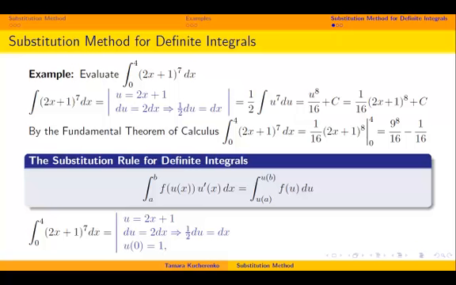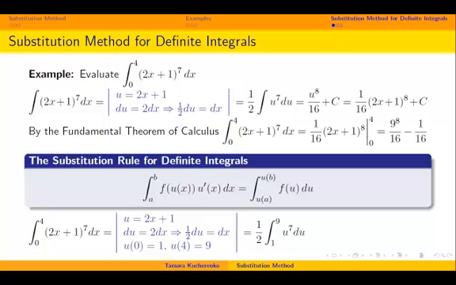Similarly, the upper limit is 4. We plug in 4 for x into 2x plus 1 and obtain u of 4 equals 2 times 4 plus 1 equals 9. After substitution, we get 1/2 integral from 1 to 9 of u to the 7th du.